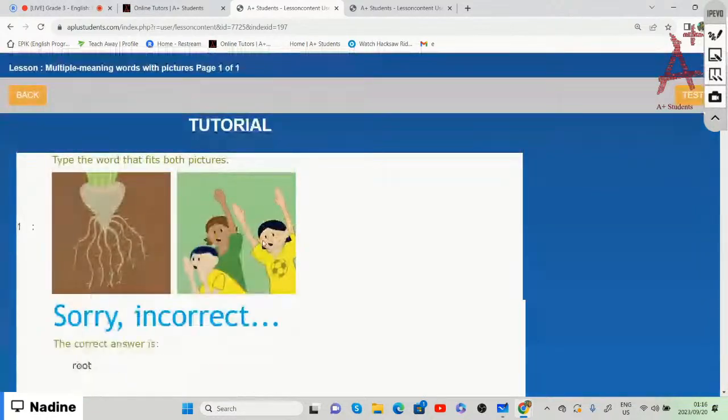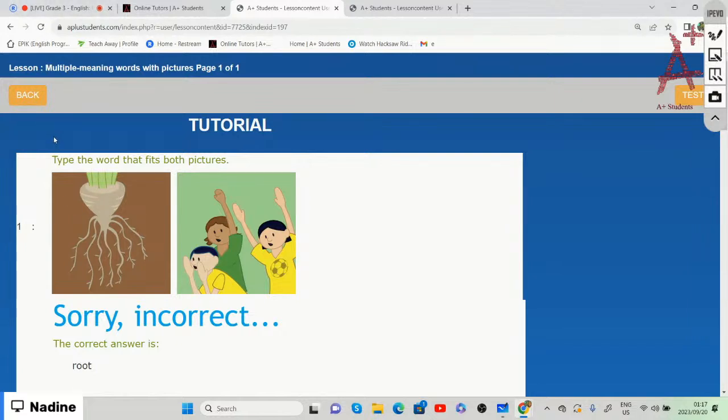So now we're going to look at the different pictures, and we're going to say what word matches the picture. There we have the very first picture. It's almost like a plant and something that goes into the ground.